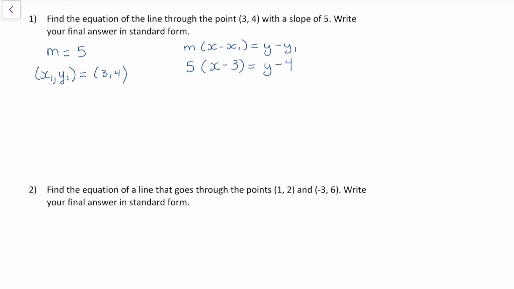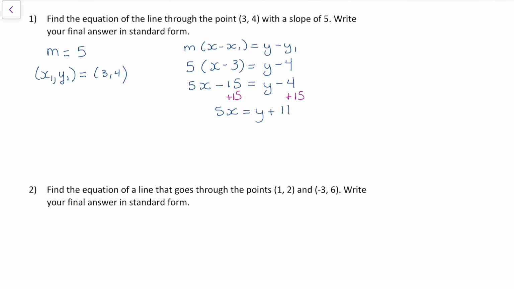So I'm going to expand my bracket, so I get 5x. Remember, the 5 also applies to the negative 3, so I get negative 15 equals y minus 4. And so now I can add 15 to both sides in order to get rid of the number on my left-hand side. And I get 5x equals y plus 11.